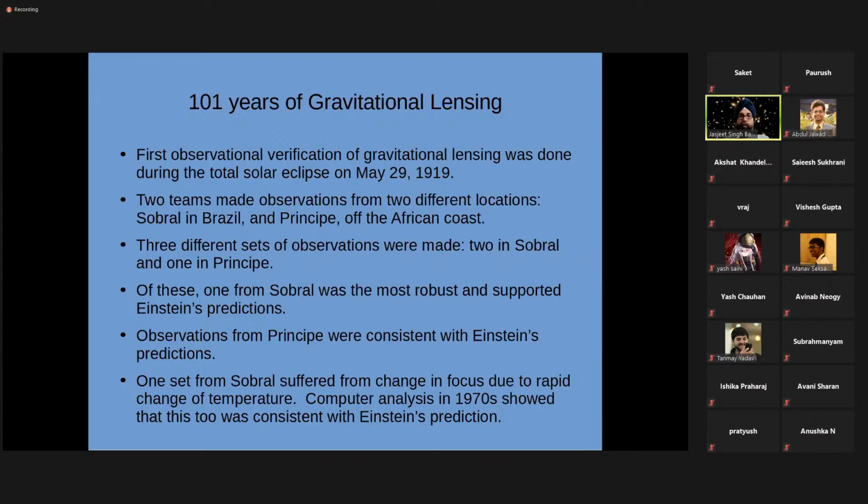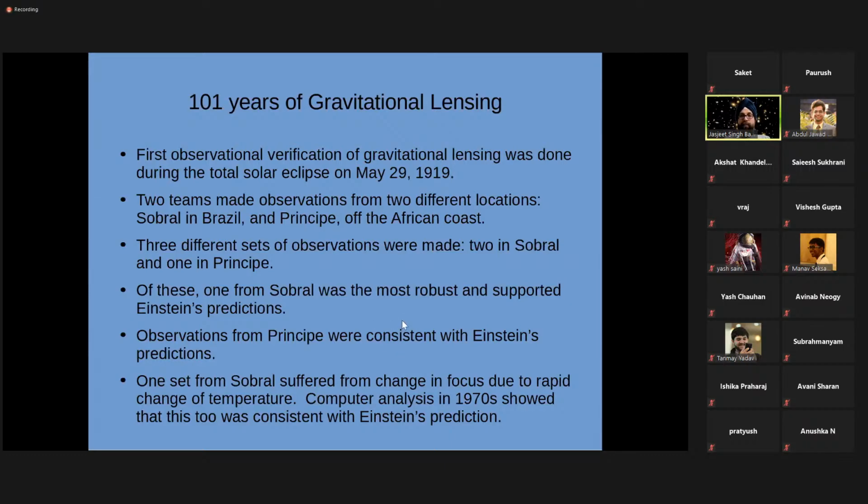So Father Cortie was one of the senior amateur observers, and he had made some observations of the 1914 eclipse from Sweden, and he recommended that apart from the bigger telescope, which was taken to Sobral, a smaller telescope also be taken, because his own experience with the smaller telescope had been much better than with the bigger telescope in 1914.